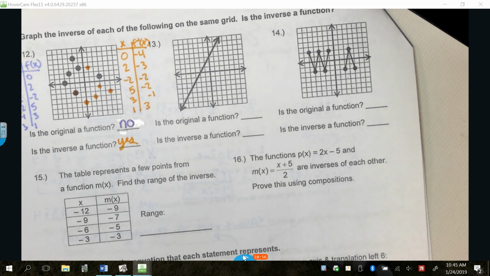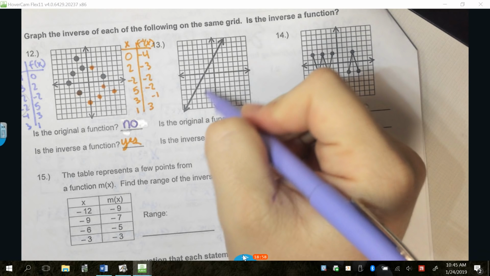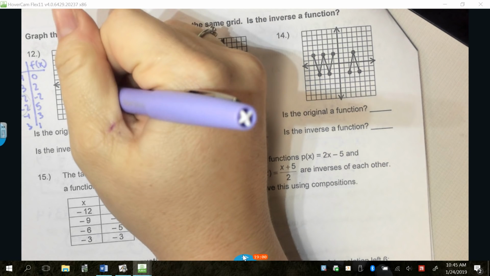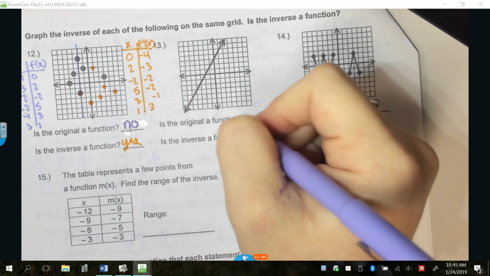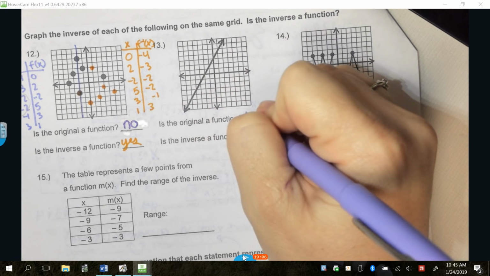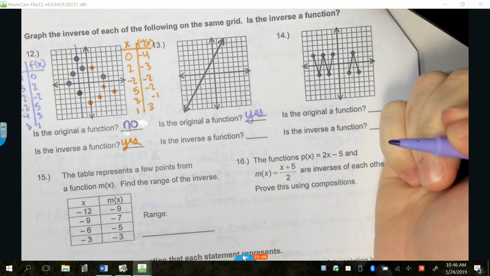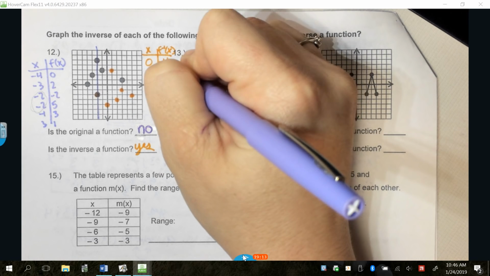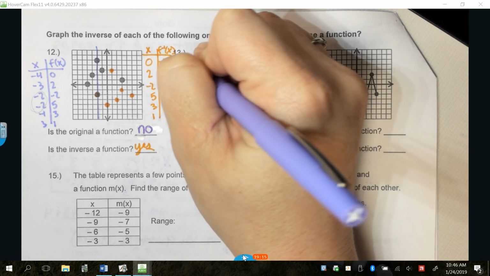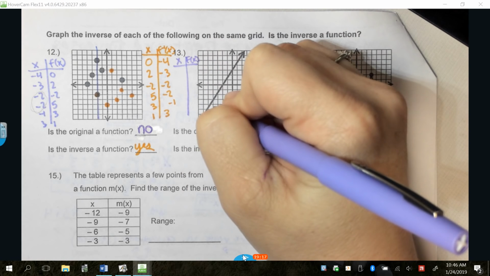My bad. So this one, the original is a function if I did the vertical line test. Here if you look, see when I do the vertical line test it touches twice? That's why that's not a function. Okay. This one, if I do the vertical line test everywhere, it's still a function. So I'm just going to make a table of a couple points.